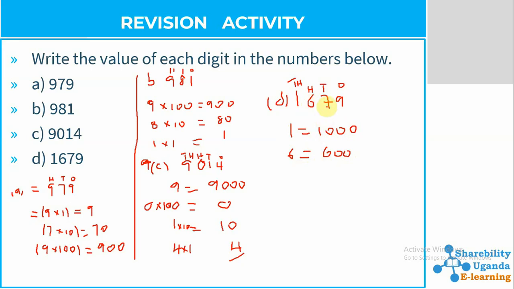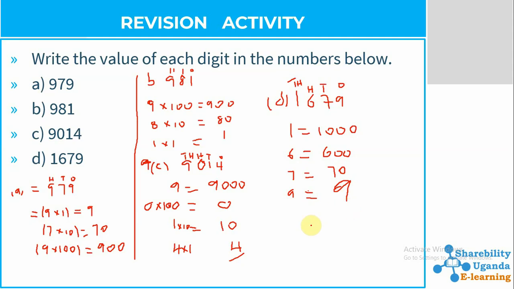Then our 7 is going to be equal to 7 times 10. That is going to be 70. Then our 9 is going to be equal to 9. So similarly, we shall have solved the values of each number.